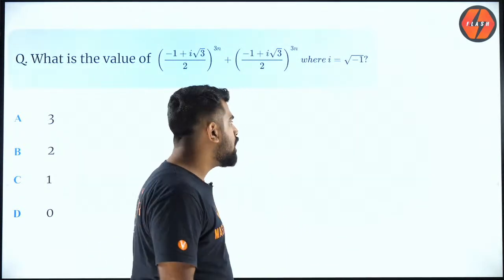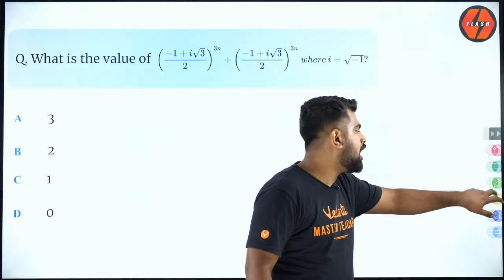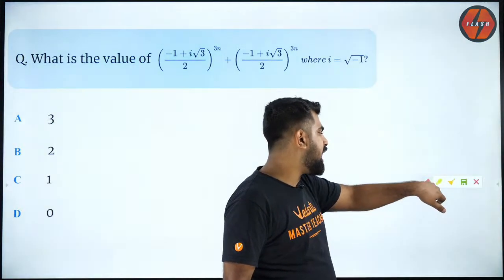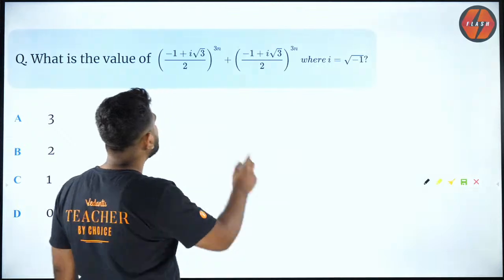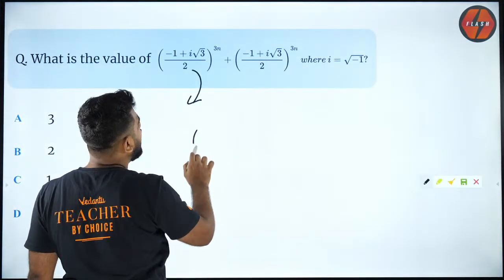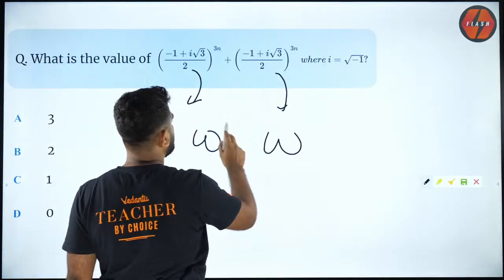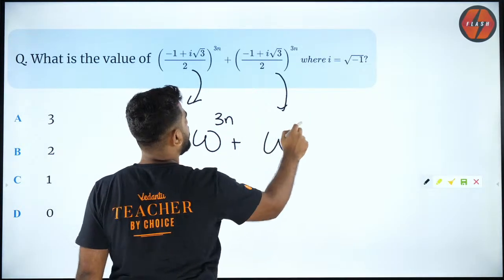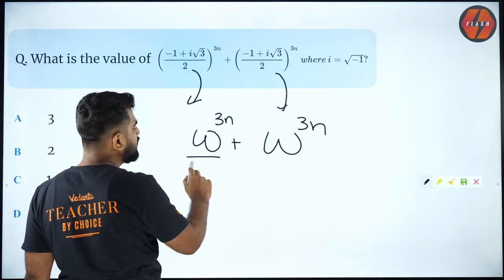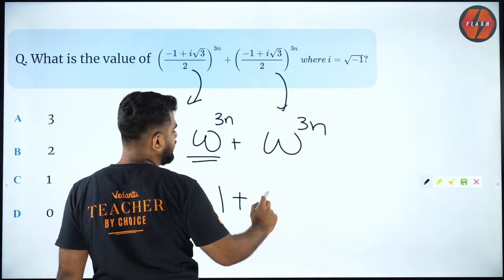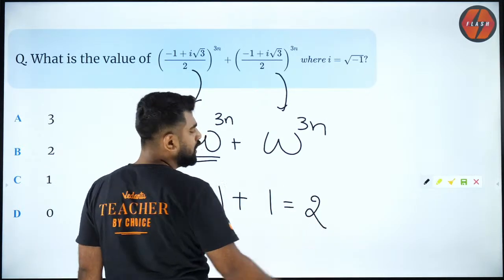So let's try to solve this question and see how we do it in style. Do you all agree this is nothing but omega? This is also omega. So it is omega power 3n plus omega power 3n. Omega power 3n is 1, omega power 3n is 1. So the answer is 2.